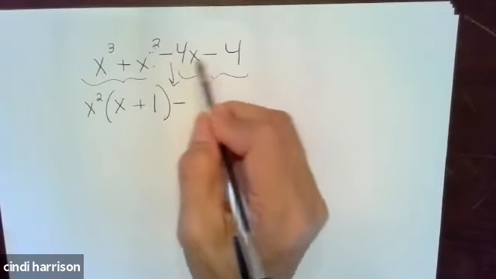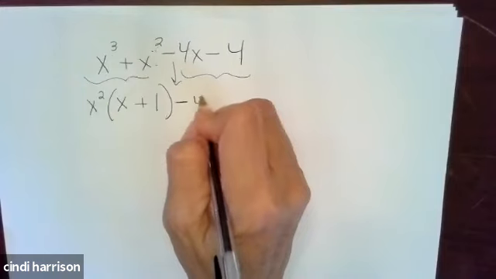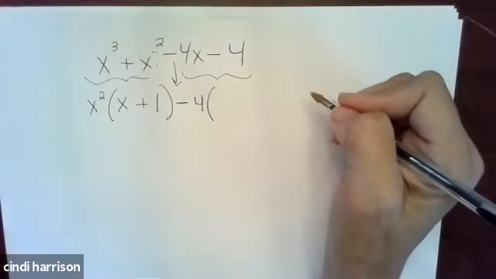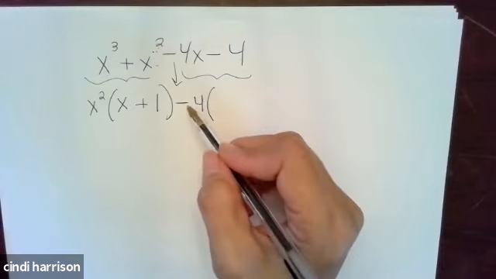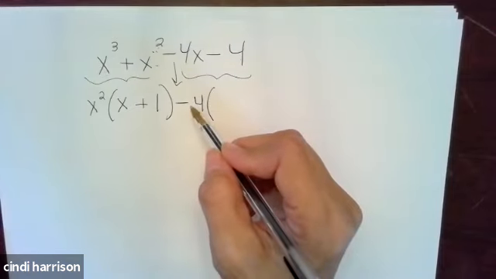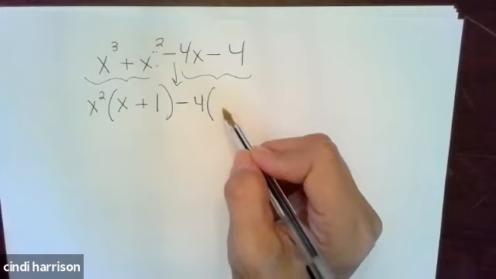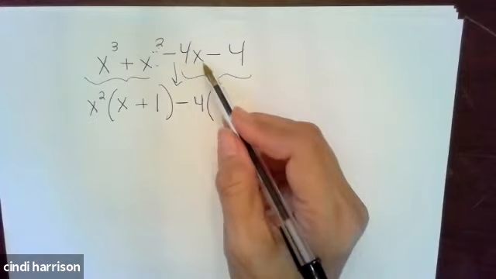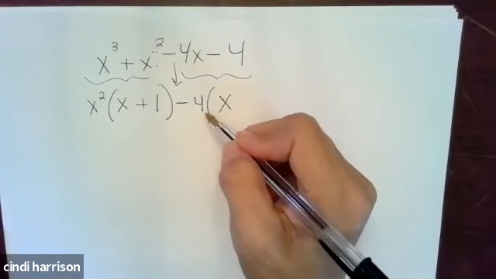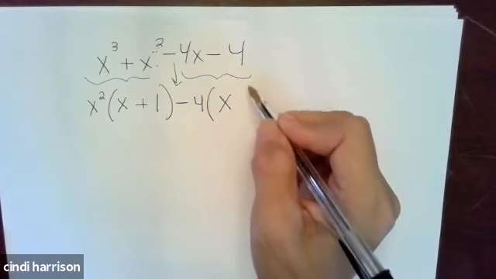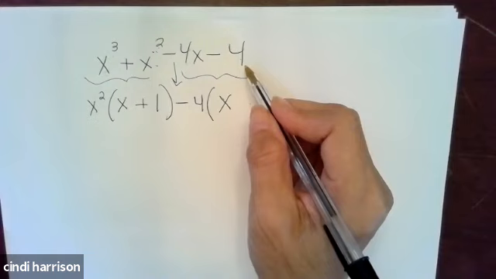And then what these have in common, the GCF, is 4. Now here's where you have to be careful. When you think about the distributive property, you're multiplying by a -4 now. So -4 times what would give us a -4x? Well, that's still going to be an x. But a -4 times what would give us a -4?